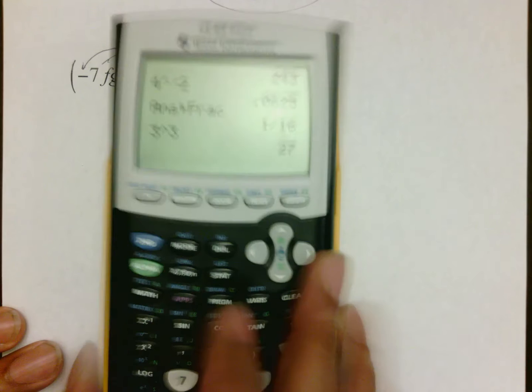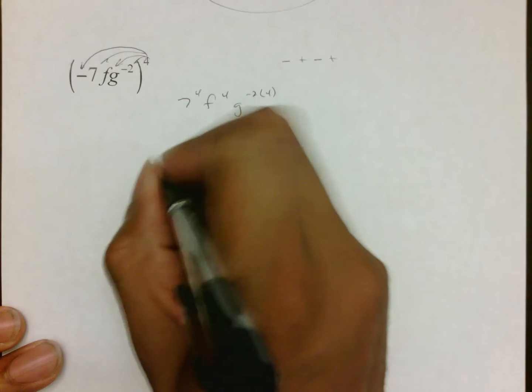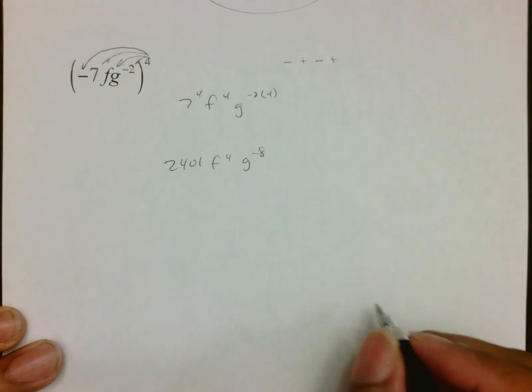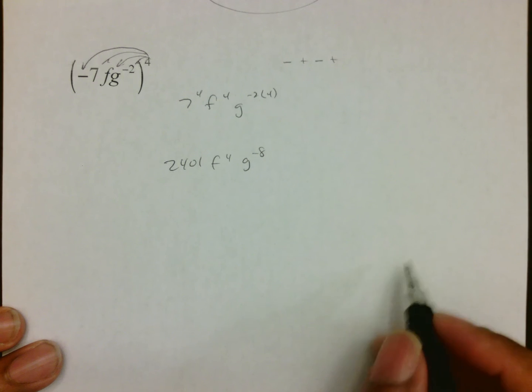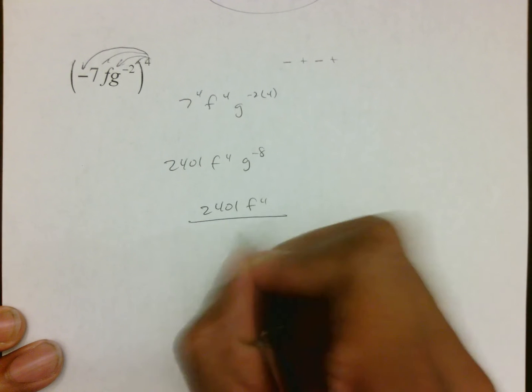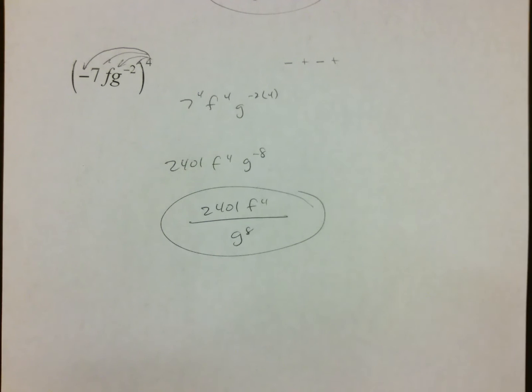So we need to know what 7 to the 4th is, so 7 caret 4, which is 2401. F to the 4th, G to the negative 8th. And again, to follow the rules of what we learned, we cannot have a negative exponent, so 2401 F to the 4th over G to the 8th would be our stopping point on that question.